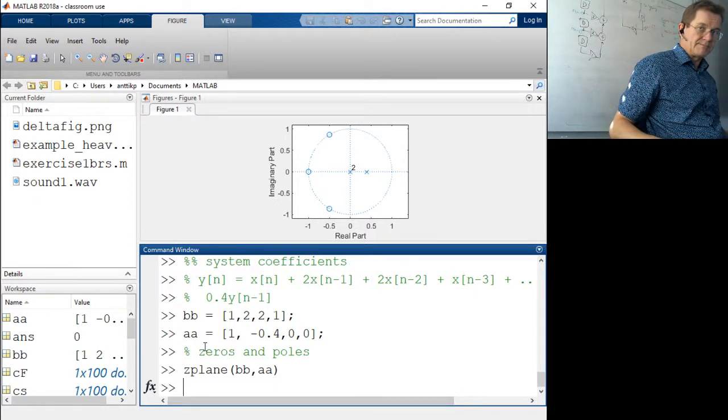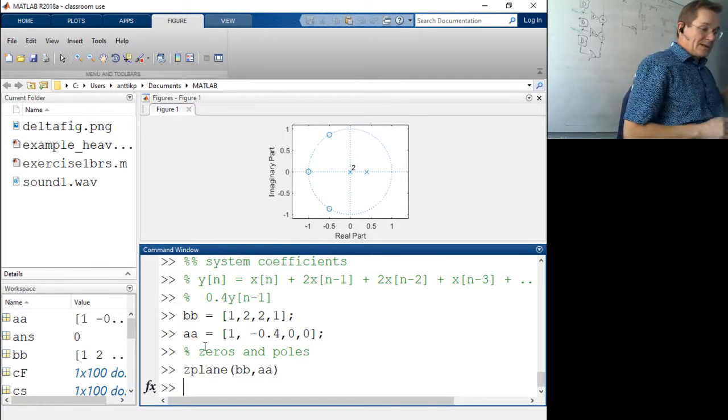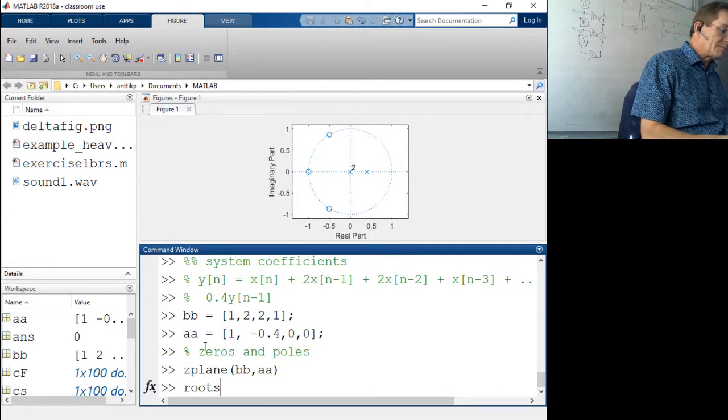Then we have the stability. Okay, stability. Is this a stable system? Yes. Poles are inside of the unit circle. Locations of zeros and poles. These are zeros.